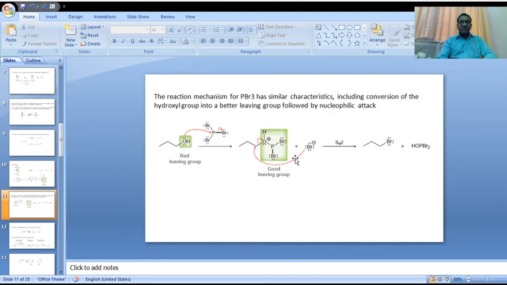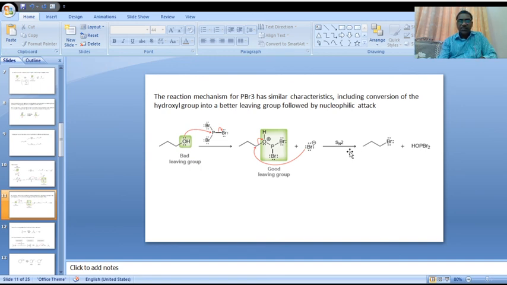In the presence of this good leaving group, the Br minus nucleophile attacks the same carbon, with immediate loss of the leaving group in the same step, because this reaction proceeds via an SN2 mechanism.